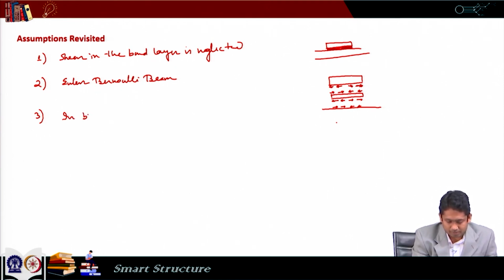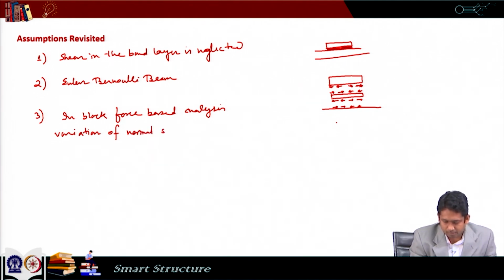So, the variation of normal strain along actuator thickness was neglected.